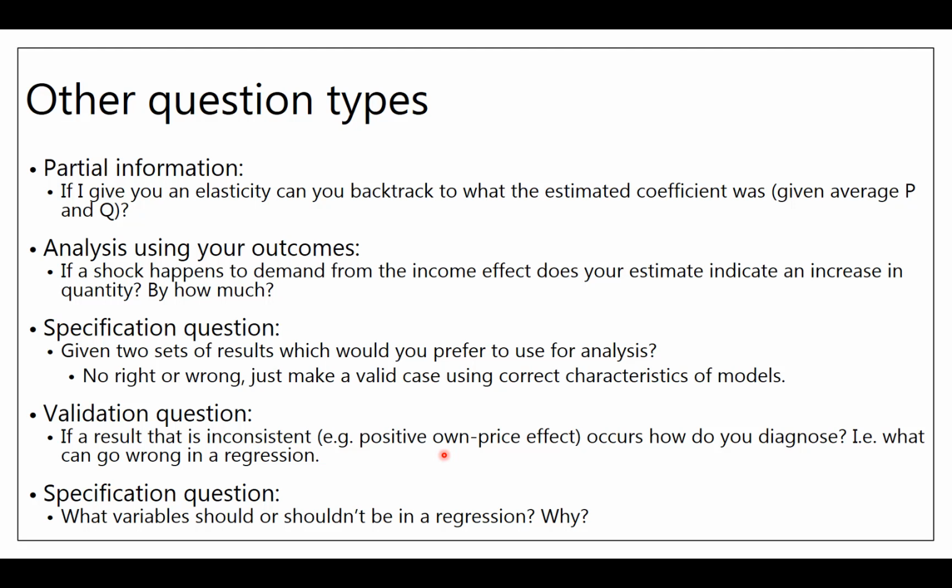It's important that you realize in this kind of question, there's no right or wrong, but the factors or the argument you make has to be using valid information about the characteristics of each type of model. So if you were using a log linear model versus log linear with homogeneity or log linear with the numeraire, it would be important that you understand what the difference in those two are.